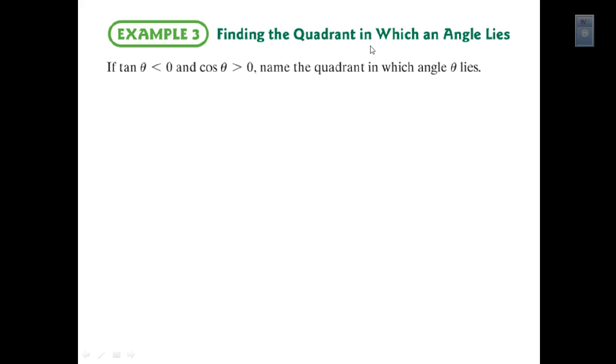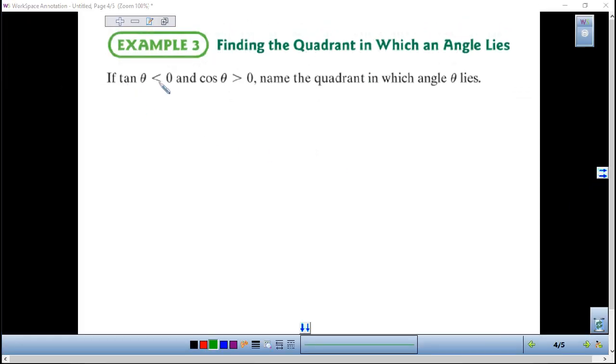All right, finding the quadrant in which an angle lies. So if we have tangent theta is less than 0, so that's negative, and cosine is greater than 0, name the quadrant in which the angle lies. All right, so if the tangent is negative, that means we have a combination of plus minus or minus plus for our points.